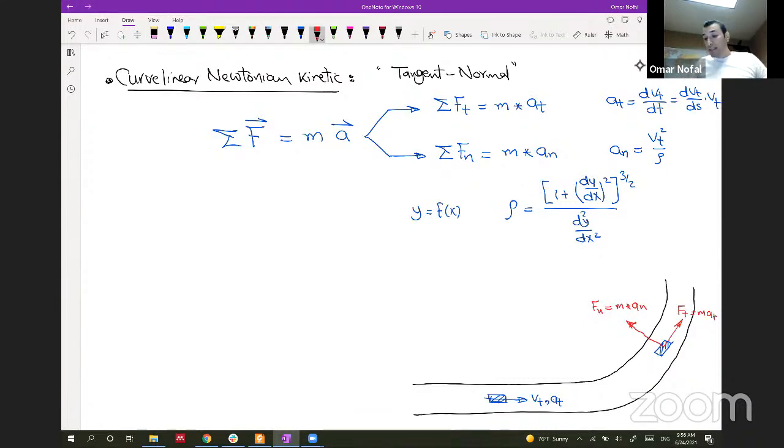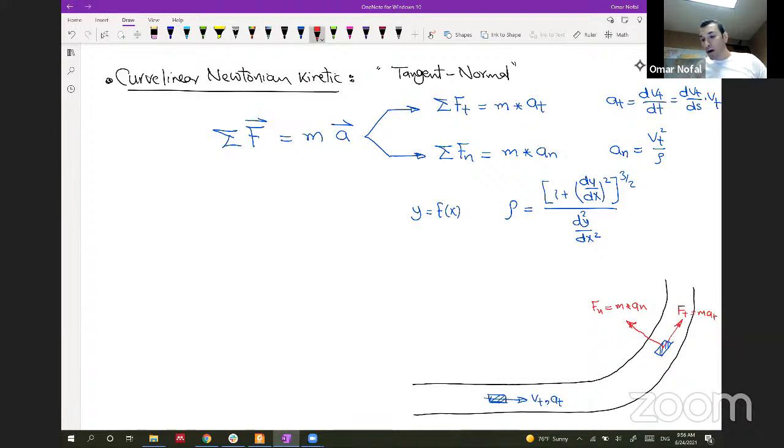The F tangent is developed by the car motor. Your motor is developing a torque, and the torque is like a horsepower, and then the horsepower is transferred into a force pushing the car, so you can have an acceleration in the tangent direction. But the normal direction is generated by the weight of the car.